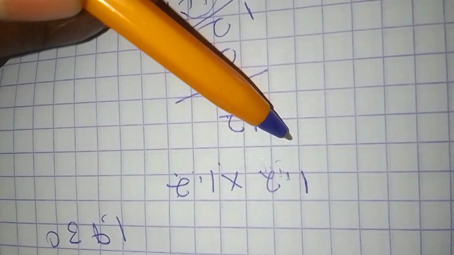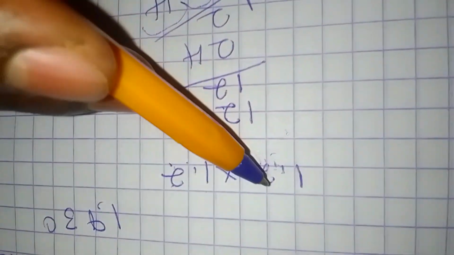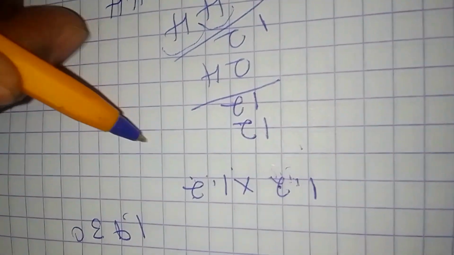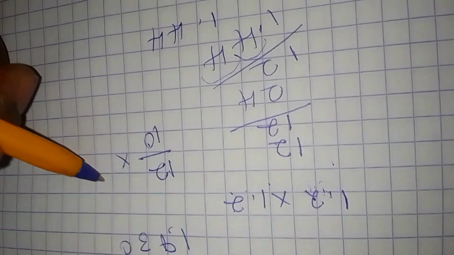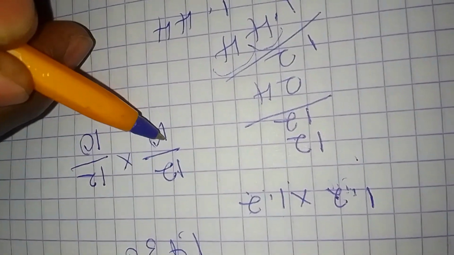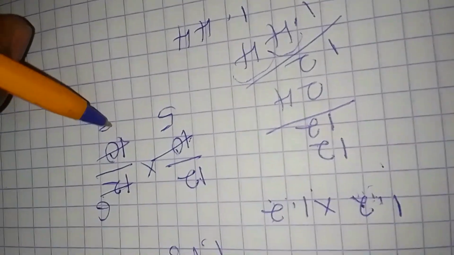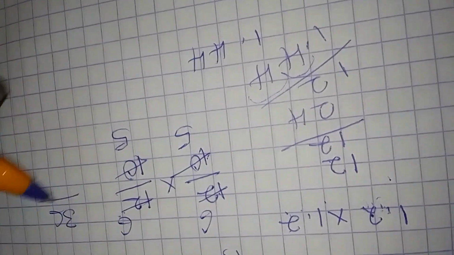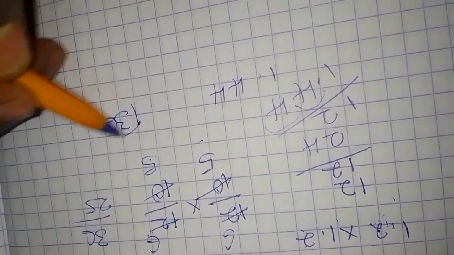The other method is by removing the decimal point and replacing it with a fraction with a denominator of 10, especially for numbers that start with 1. For example, we have one digit after the decimal point, so it becomes 12 over 10 times 12 over 10. You can multiply directly, simplifying by 2: 6 over 5 times 6 over 5. 6 times 6, 36. 5 times 5, 25. And then you divide 36 by 25.